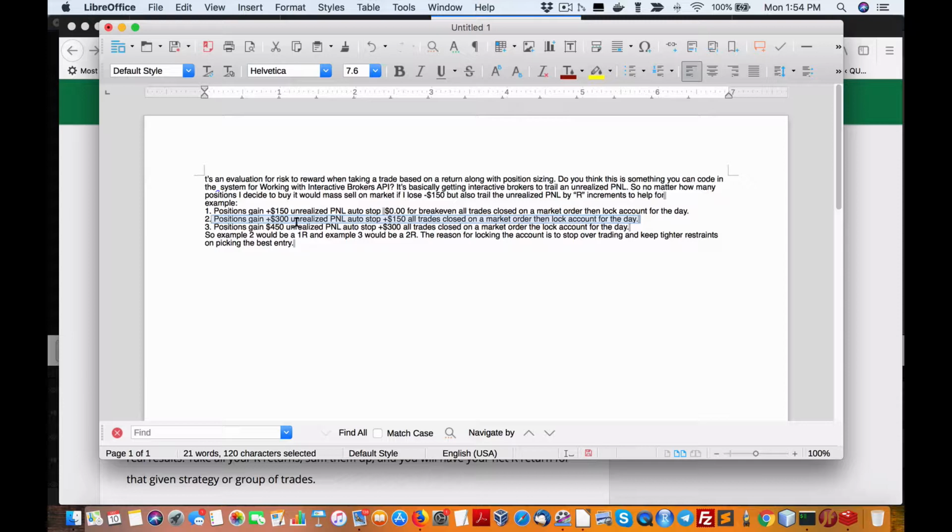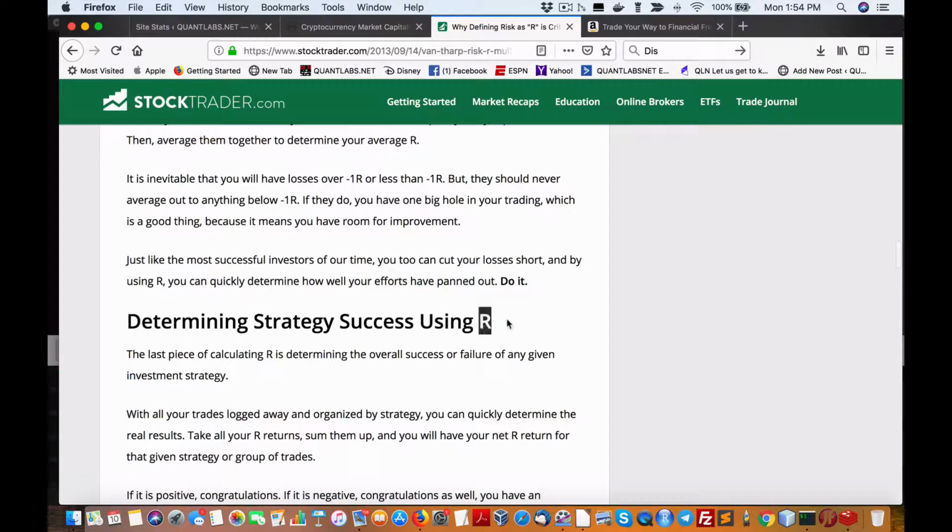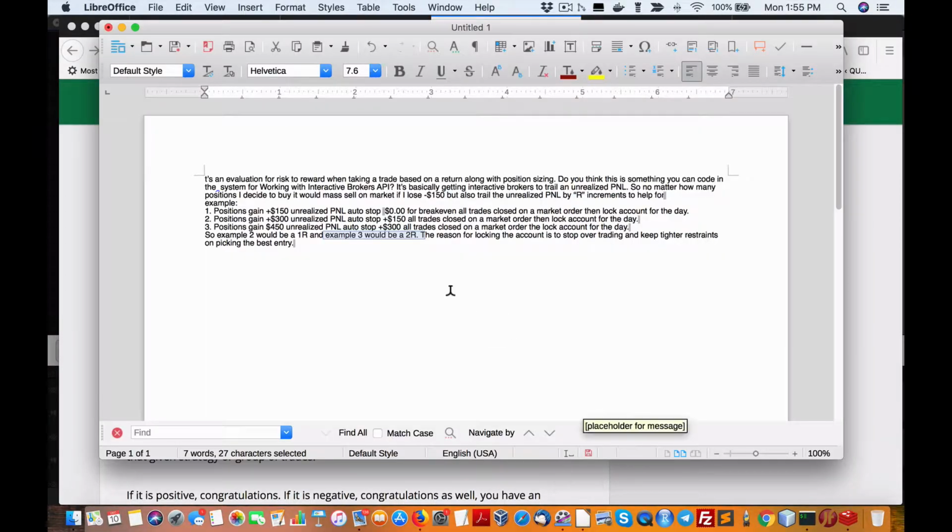Number 3: positions gain plus 450 unrealized P&L, auto stop at plus 300, all trades closed on a market order, lock in the account for the day. So example 2 would be 1R, example 3 would be 2R. I'll put this link in from stocktrader.com to refer to this R, and I'll explain my view of it in a minute.